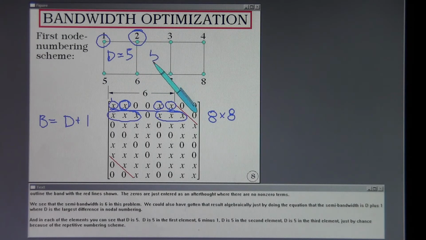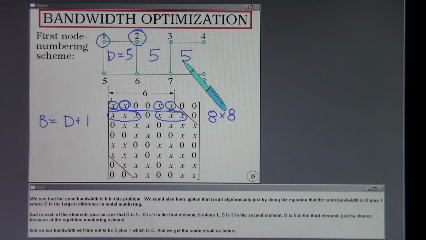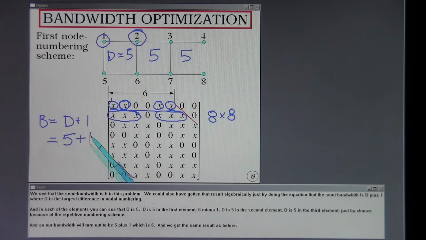D is 5 in the second element. And D is 5 in the third element, just by chance because of the repetitive numbering scheme. And so our bandwidth will turn out to be 5 plus 1, which is 6. And we get the same result as before.